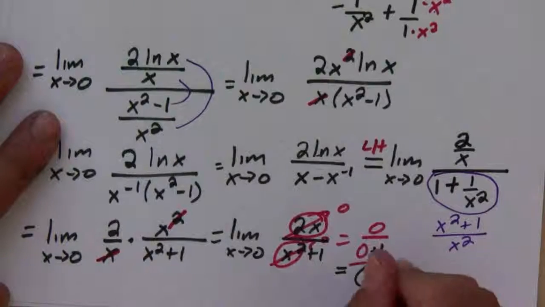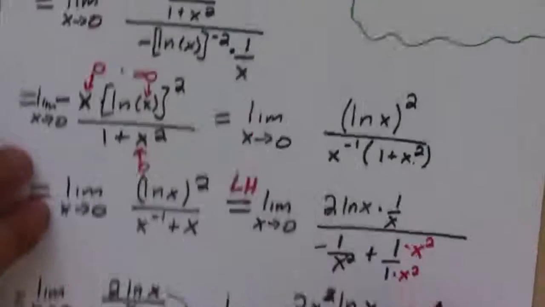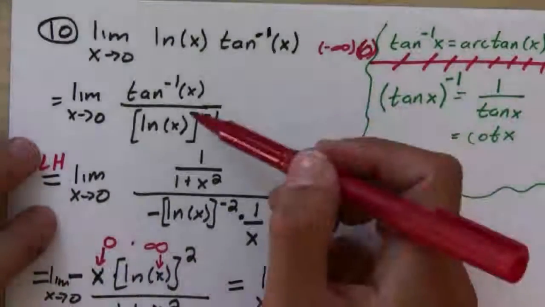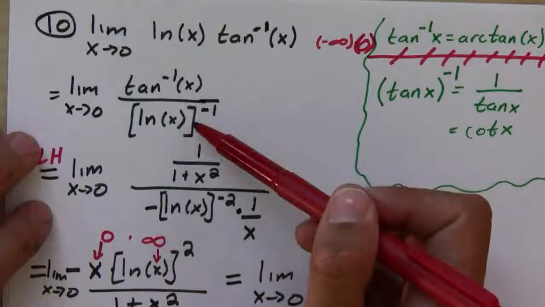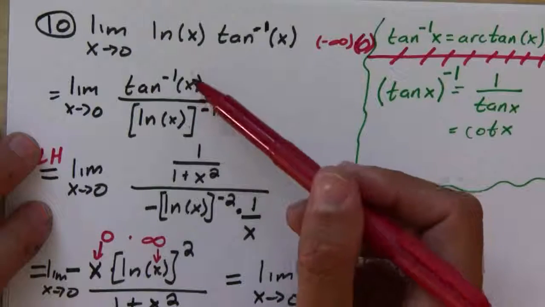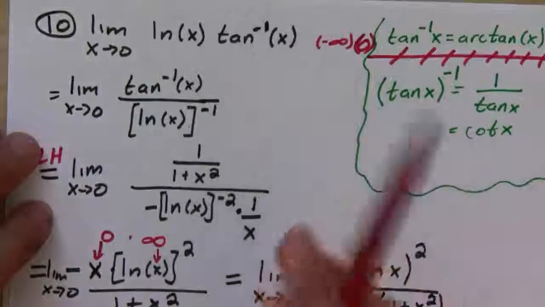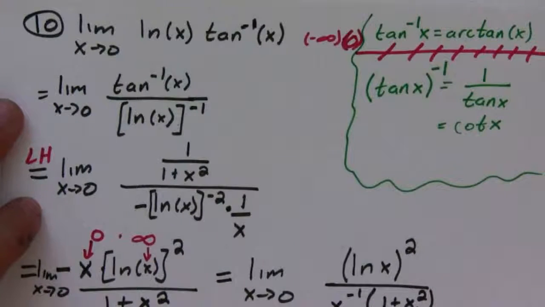And now I'm done. So that was a very long problem, and I don't really know if I would have, at the very beginning we made the decision, or I made the decision, to move the natural log of x down to the bottom and do it that way. And maybe if we would have brought the inverse tangent down to the bottom instead, it might have been simpler, but it might have taken even longer or not even have gotten us anywhere.